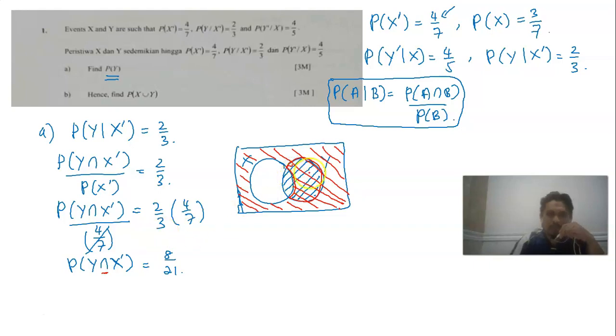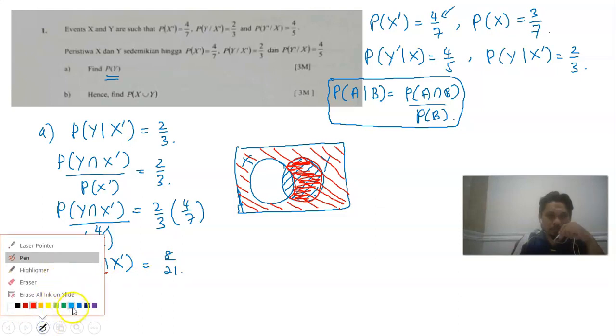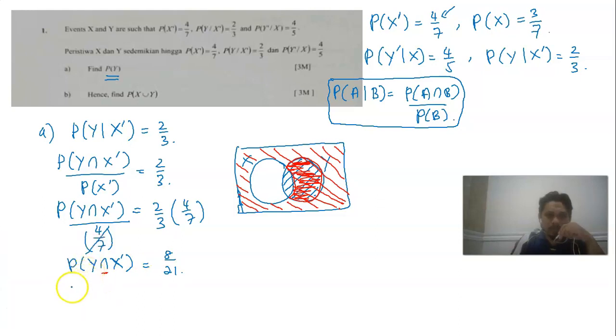This section can also be written as the probability of Y minus the probability of X intersect Y. The probability of the whole Y minus the intersection area gives us the area of Y only, which is 8 over 21.